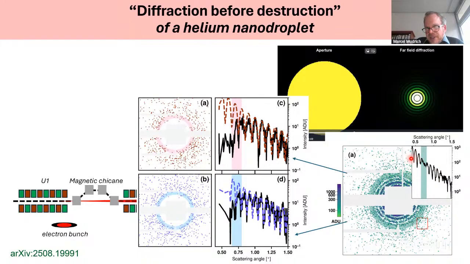This beat pattern, like these two superimposing frequency components, comes exactly from the two colors of the two laser pulses that both almost simultaneously interacted with the droplets. And then for the first time, using this very specific detector, we were able to decompose this into the red X-ray photon.